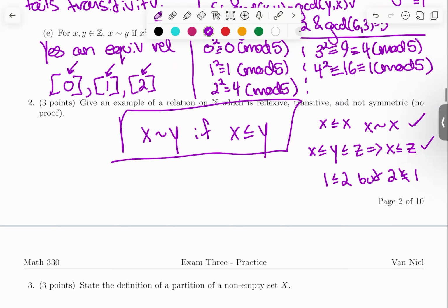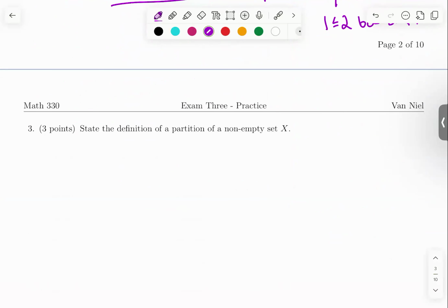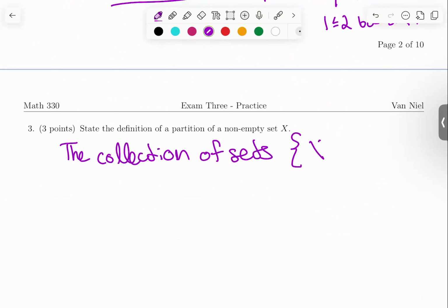All right. So state the definition of a partition of a non-empty set X. Okay, so let's see, the collection of sets, say X sub i, where i is ranging over whatever. Maybe it's just a single number, right?